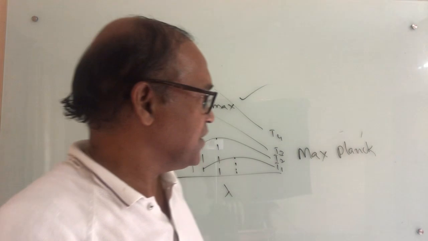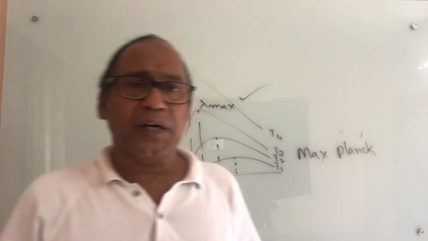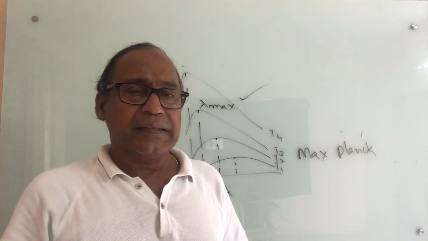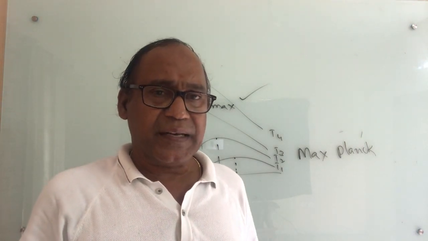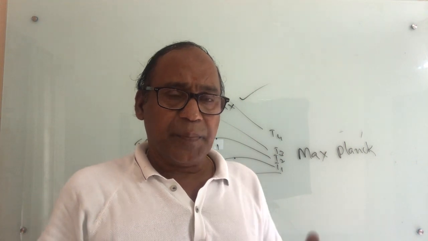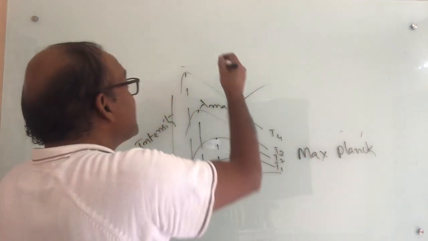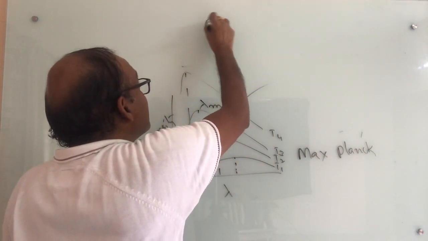According to his hypothesis, any hot body is an electromagnetic source, a light energy source, and light energy is emitted discontinuously or discretely.